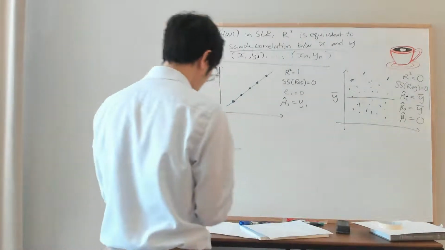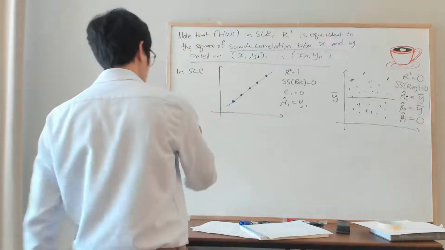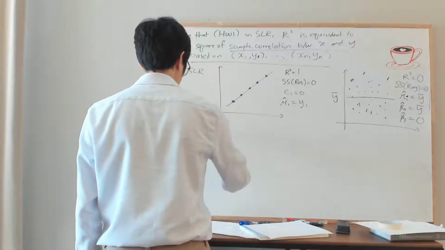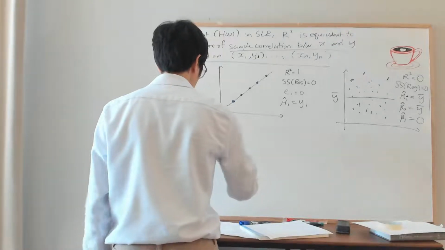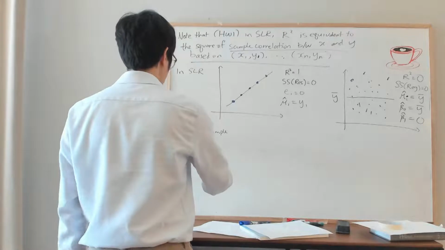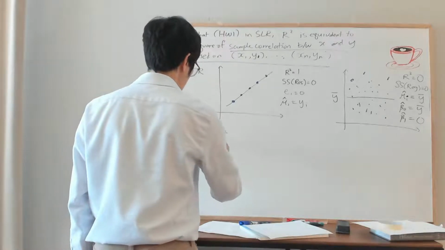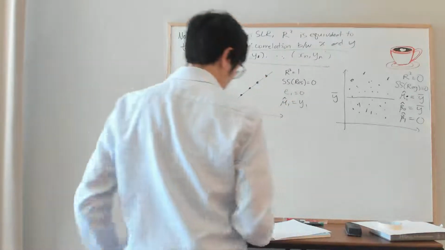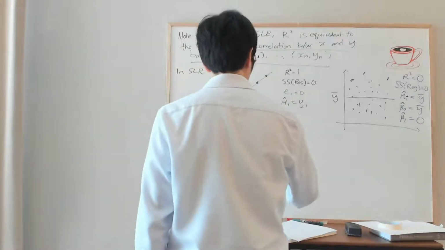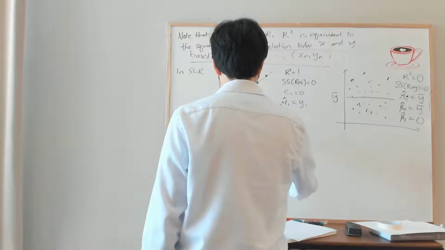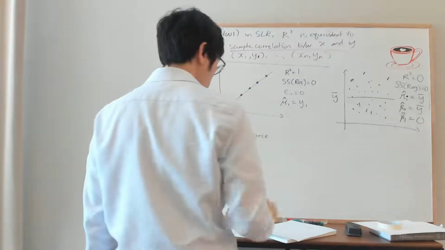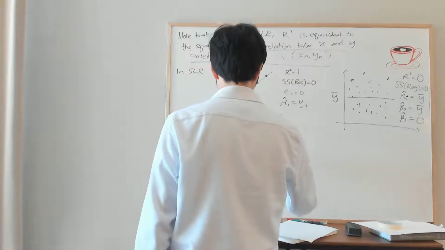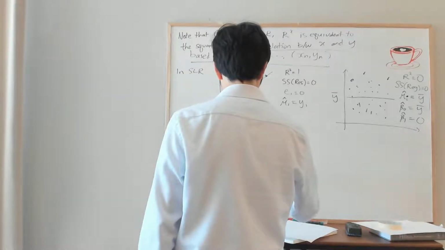So let's do a numerical example. I'm going to reuse the rocket data set here. Let's make this a table, with source: regression, residual, and then total.